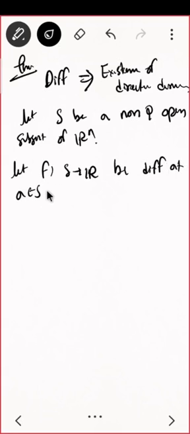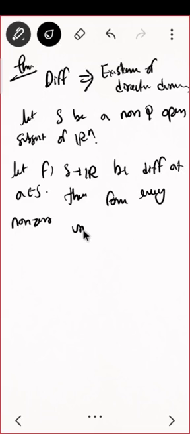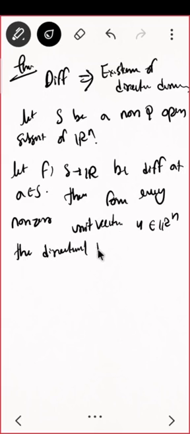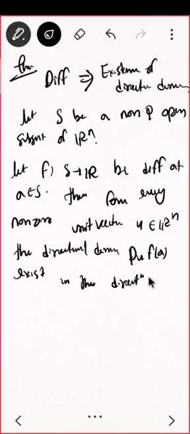Okay. Then for every non-zero unit vector u belonging to Rn, the directional derivative Du f of a exists in direction u, and the directional derivative of f at a is given by df of a at u.